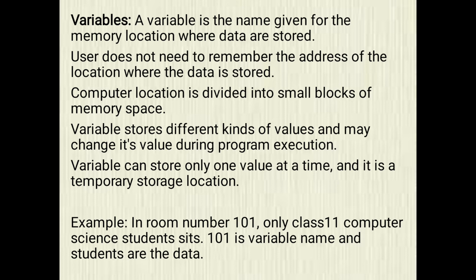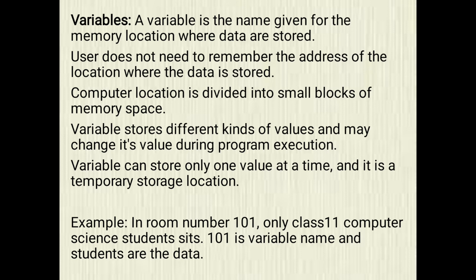So a variable stores different kinds of values. It can store integer values, that is whole numbers, 0, 1, positive numbers, negative numbers. It can store float values, that is decimal point values. It can also store a character, that is a, or multiple characters, that is a string, like John, the name of a person.